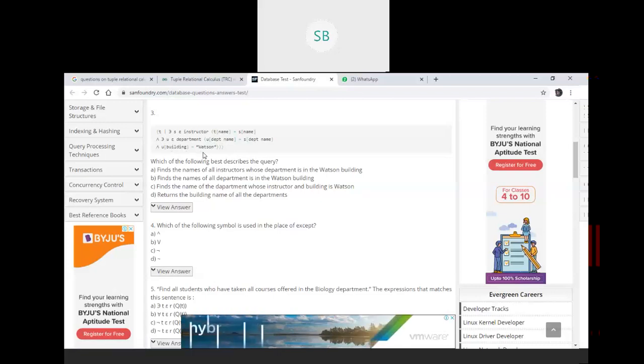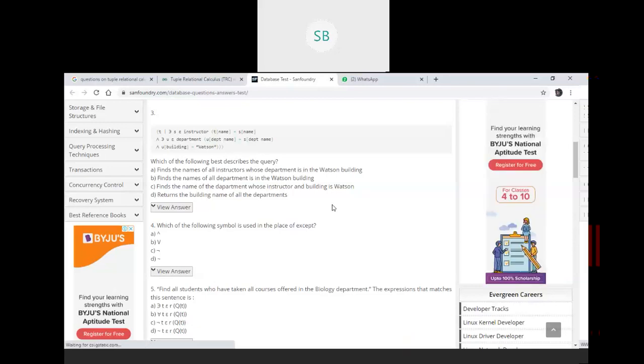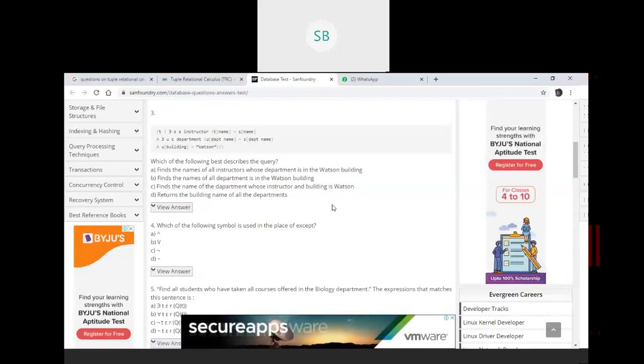What does the following query describe? Does it find the names of all instructors whose department is in the Watson building, find the names of all departments in the Watson building, find the names of all departments whose instructor and building is Watson, or return the building name of all departments? What does this query do?